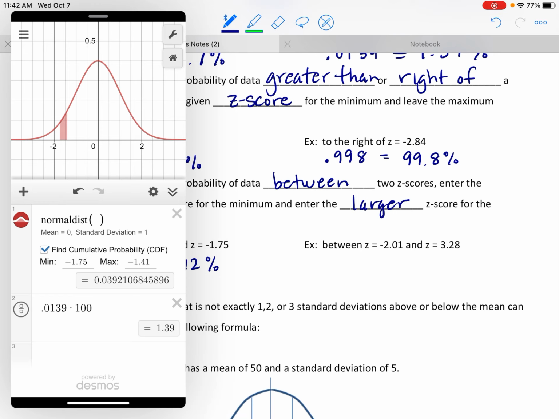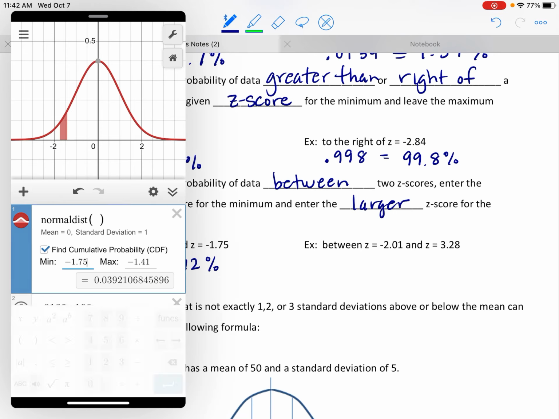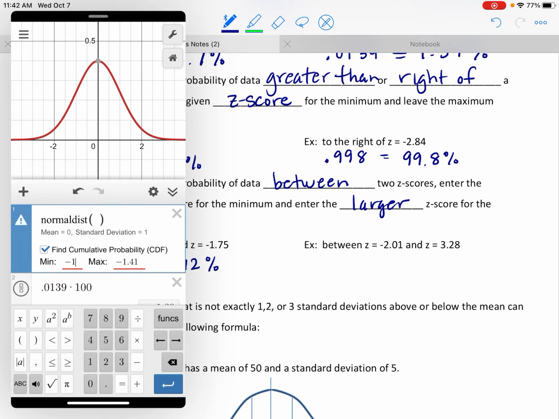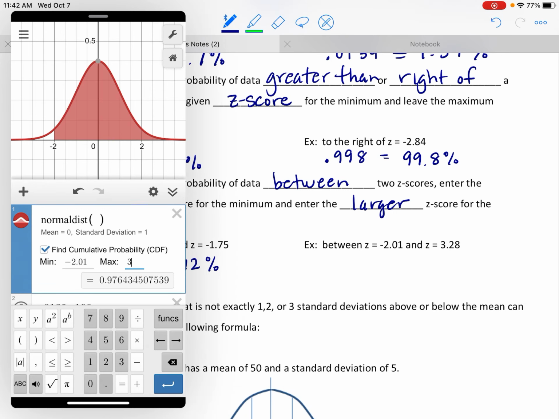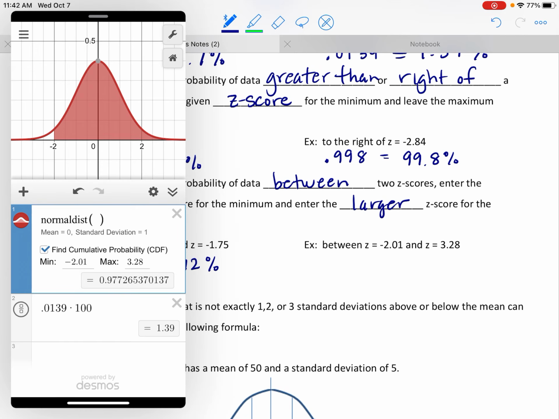Okay. And then here we're going to have a much larger area because we're going all the way from negative 2 to 3. So if we have our minimum at negative 2.01 and then our maximum beyond 3 here, 3.28, we can see that there's a whole bunch of the graph that is between there.